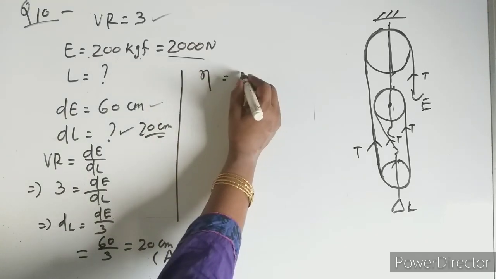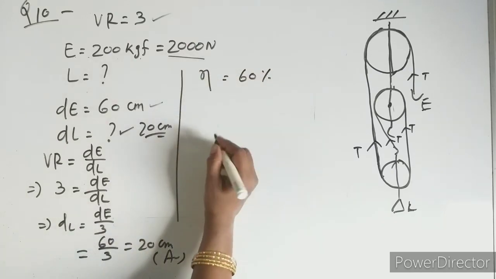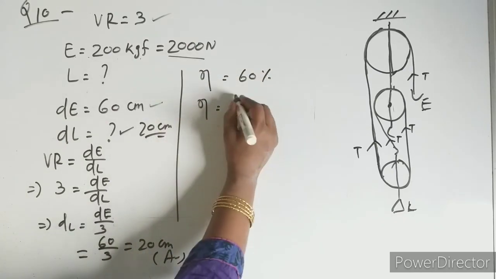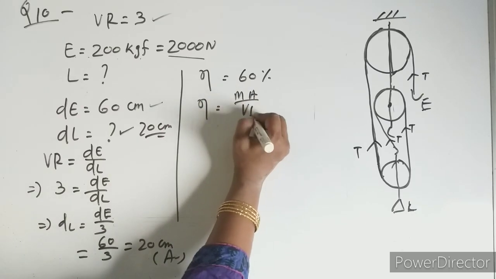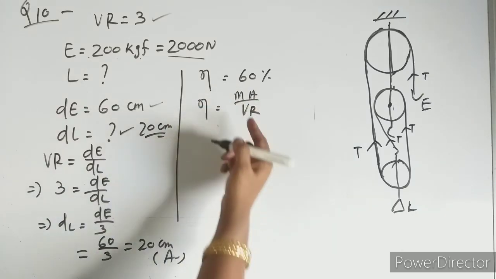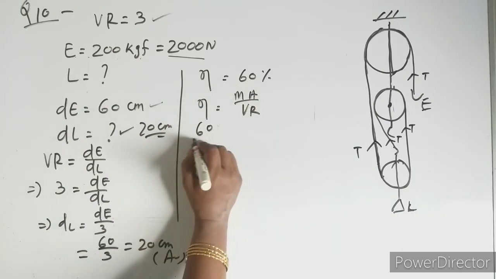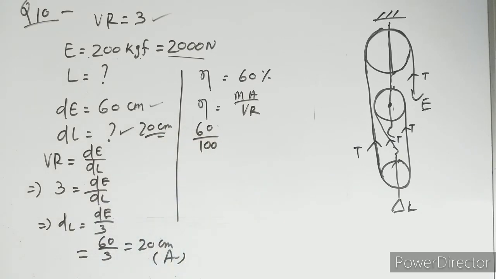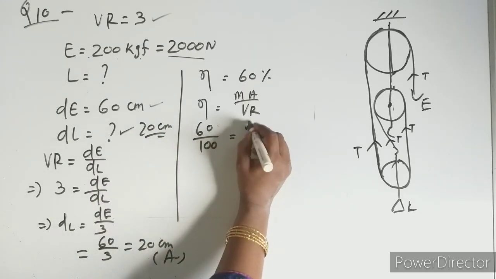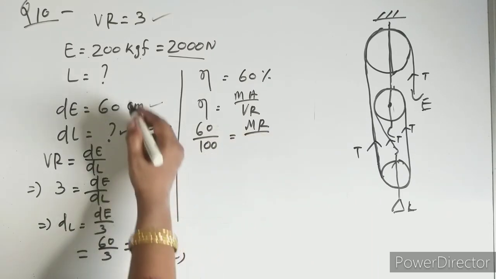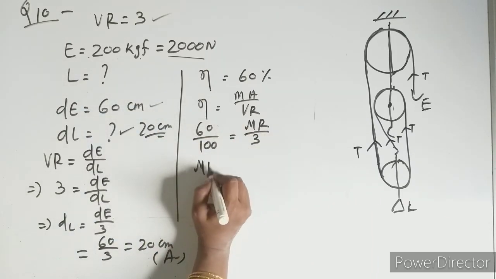Efficiency is given as 60%. But we know efficiency equals MA by VR. Clear? So this one equals 60 by 100. VR equals 3. So what is MA?